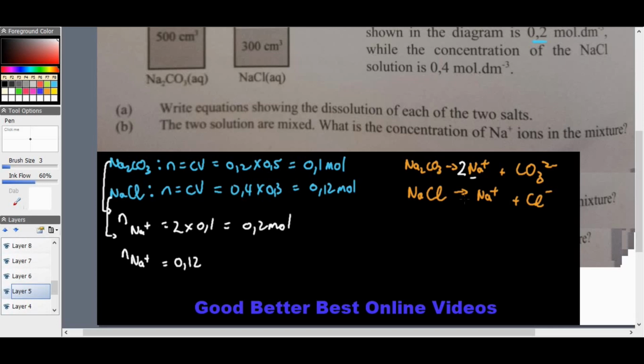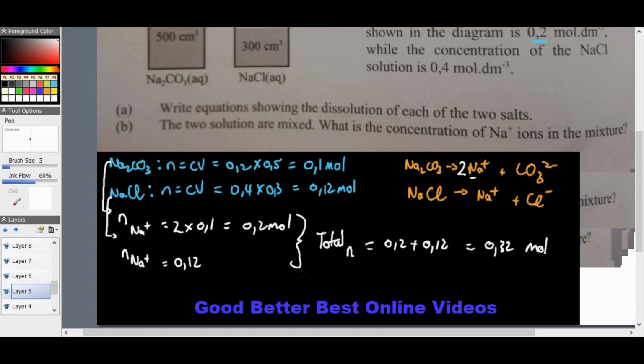Now that I know the moles of my sodium ions, these two must come together. The total moles, total n, is 0.2 plus 0.12, which gives us 0.32 moles of sodium once it is mixed together.